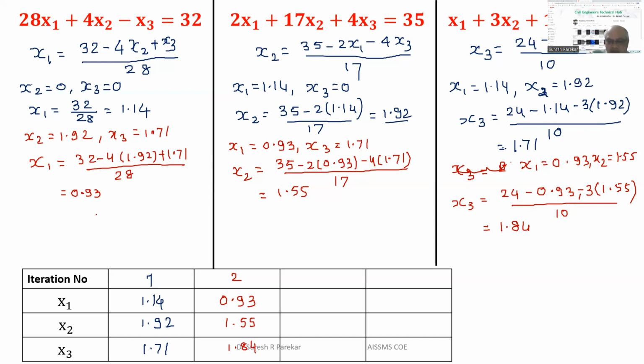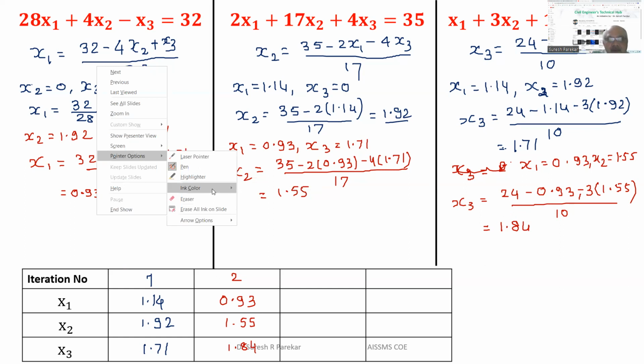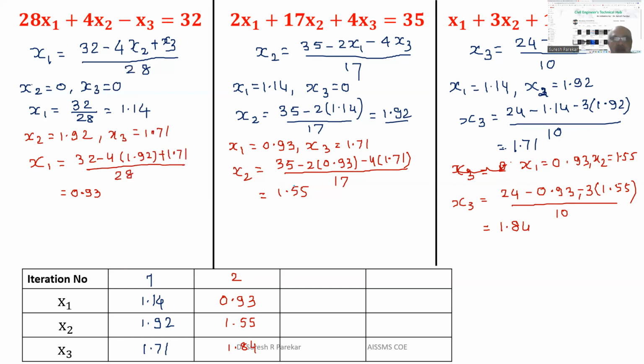Then we will go for the next iteration. In this we take the value of x2 as 1.55 and the value of x3 as 1.84.